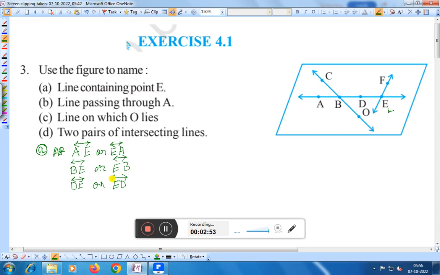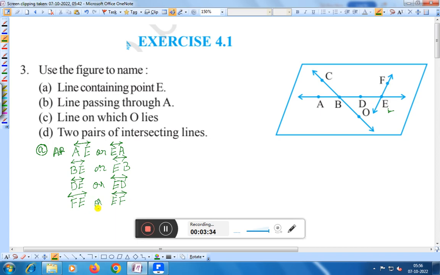We can name another one, that is FE. Line FE, or EF. Both are the same, right? These are the four lines on which point E lies: AE, BE, DE, and FE.